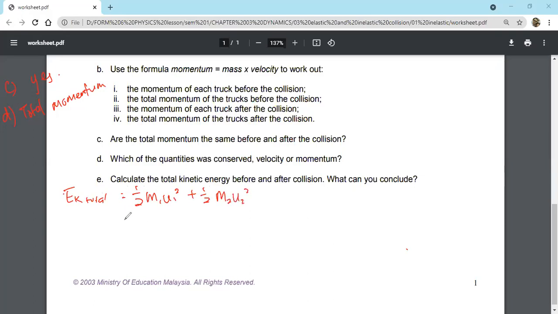So it will be 1/2 times 3 times 2 squared plus 1/2 times 1 times 0 squared. So that means we get 6 joule.